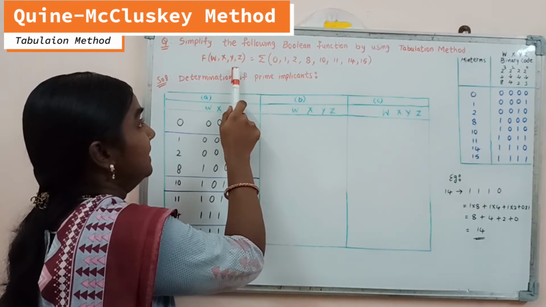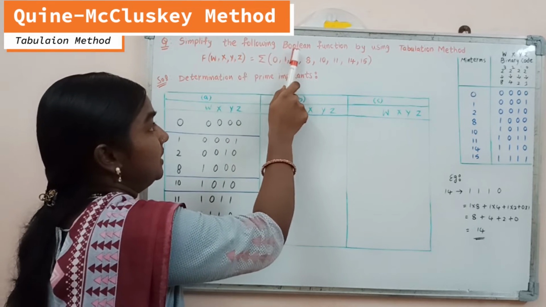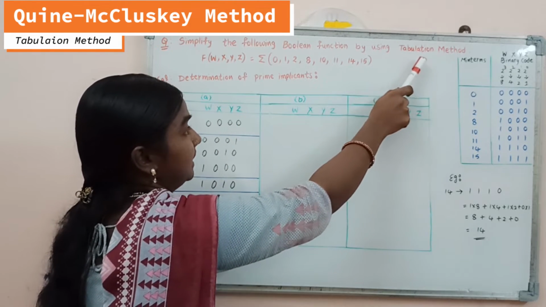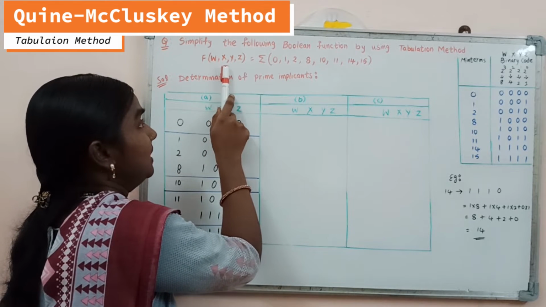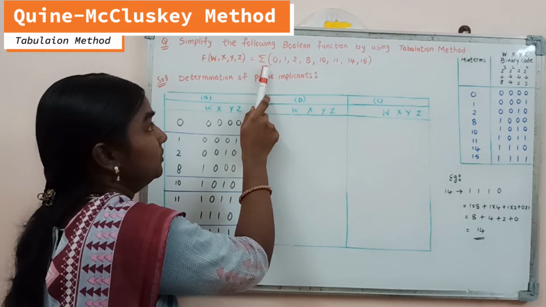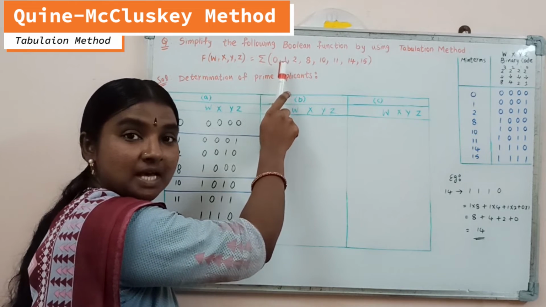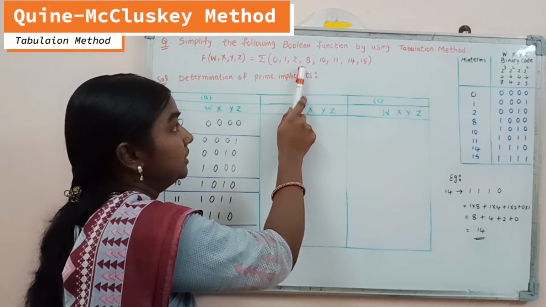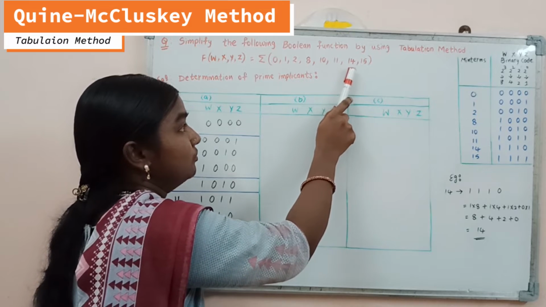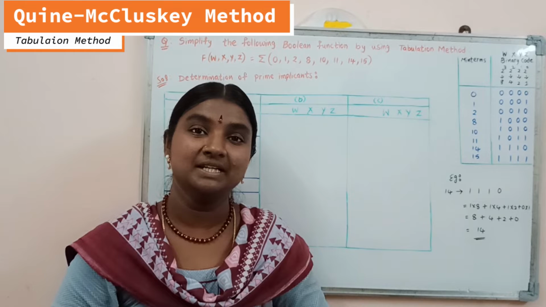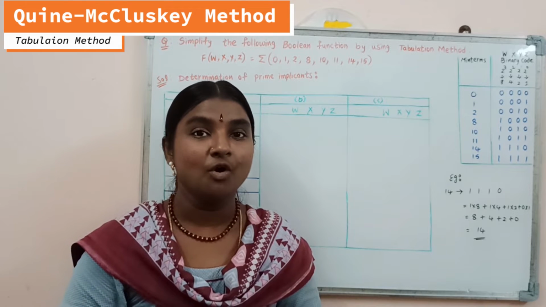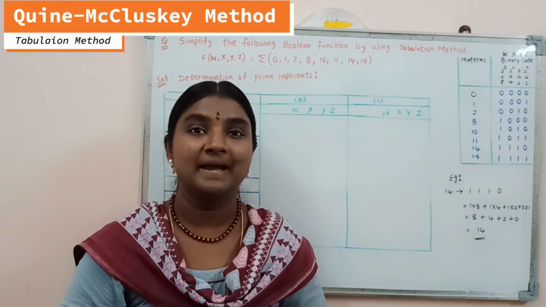Here is the example. Simplify the following Boolean function by using the tabulation method. The function is F of w, x, y, z equal to the sum of the minterms 0, 1, 2, 8, 10, 11, 14 and 15. Now in this procedure, firstly we need to list all the mentioned minterms in binary form.